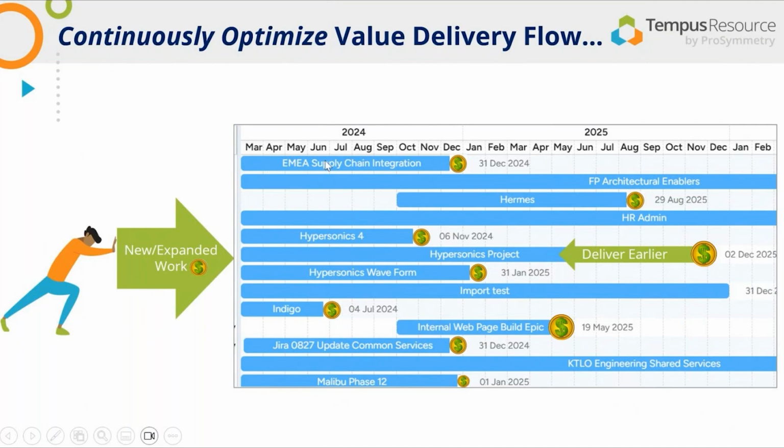Hopefully you're adding value incrementally along the way, but it's typical for the primary amount of value to come near the end of or delivery of either an epic or a project. The goal being, we want to drive all of this to the left.